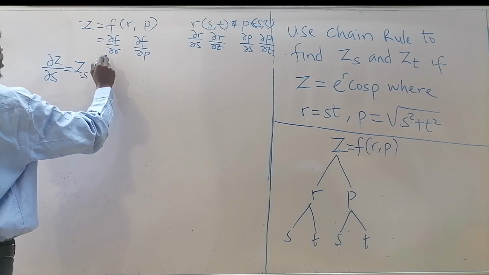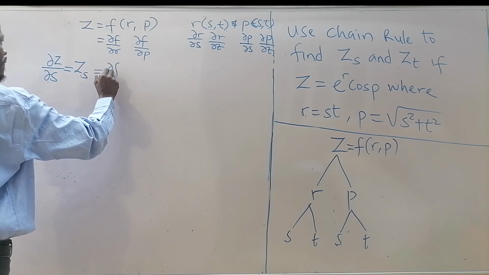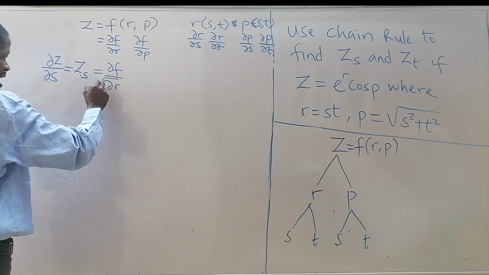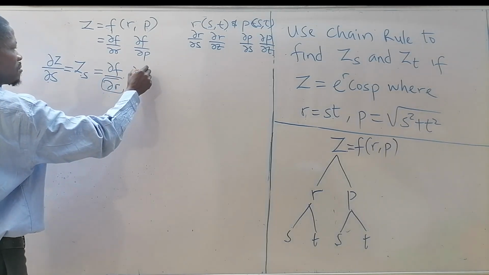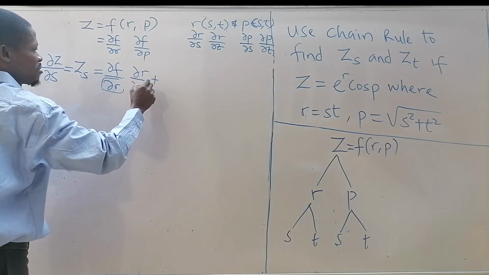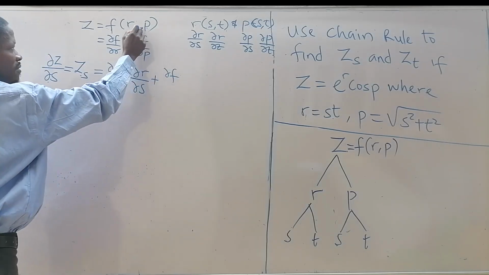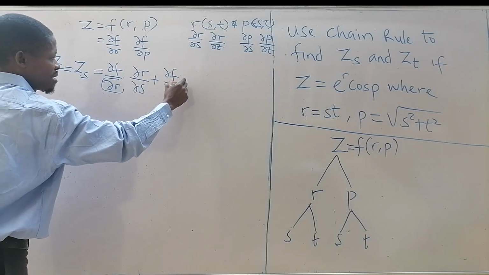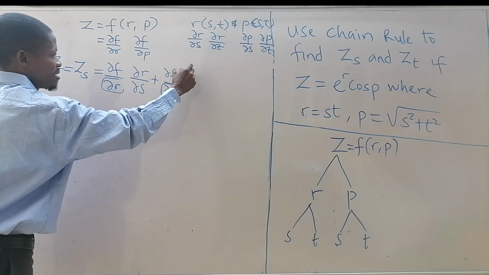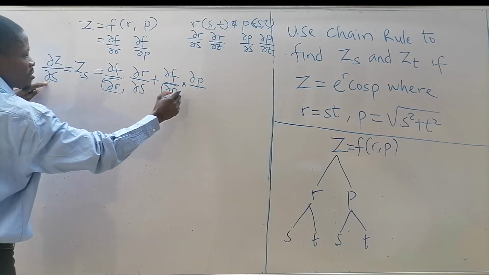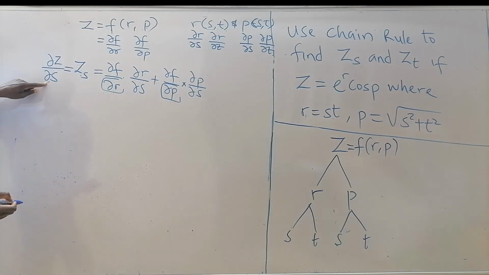That will be equal to del f del r times del r del x, plus del f with respect to the second function, del p, times del p over del x. Everything will be with respect to x. So that's the first one I want to do.